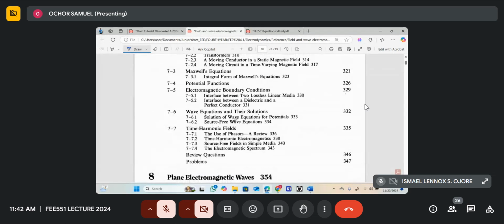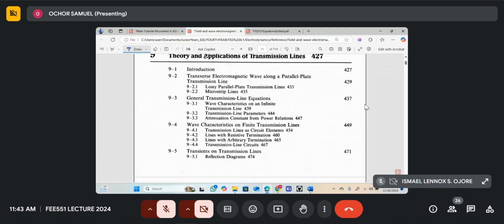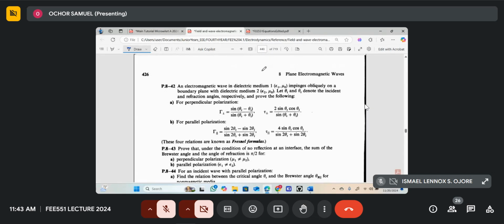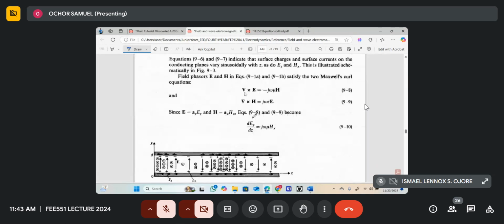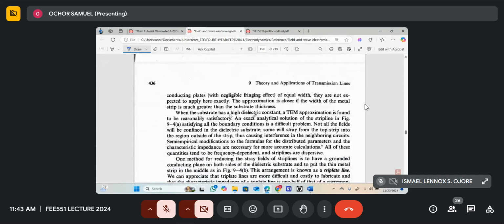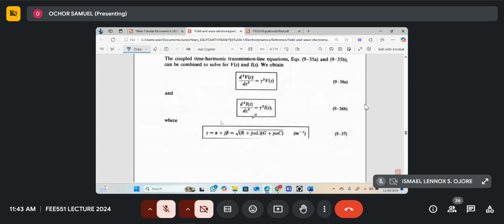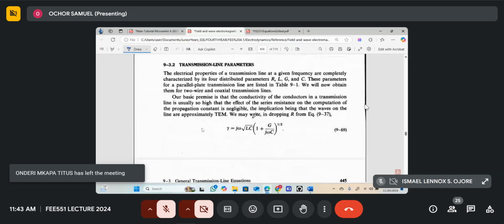No. Yeah, transmission rates. 437. 437. Yeah, I saw that somewhere here in this book.